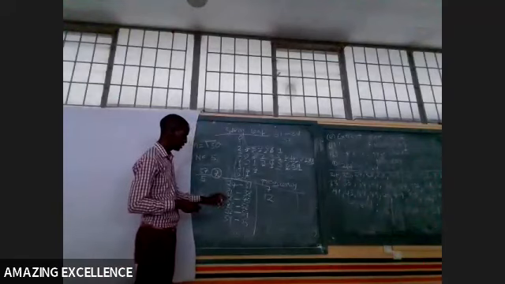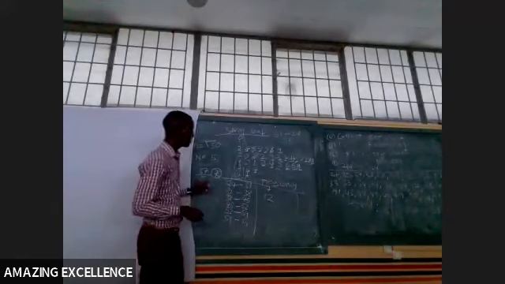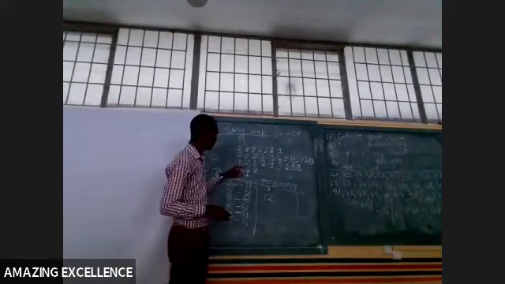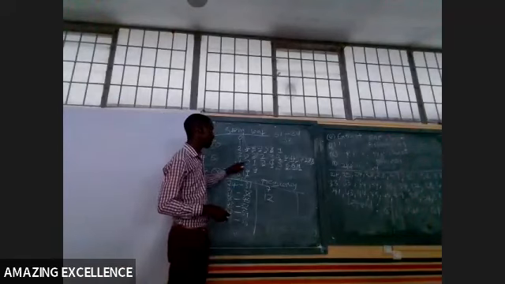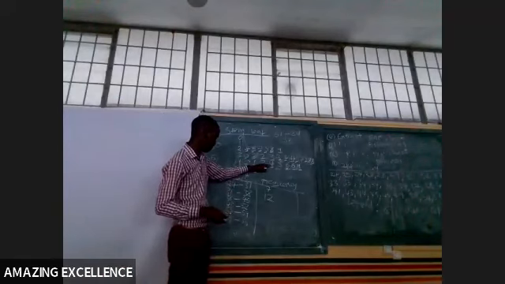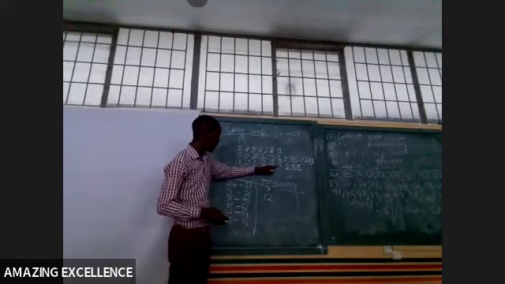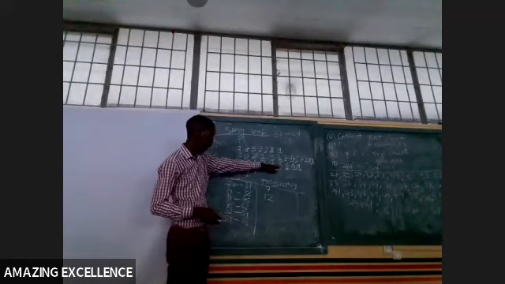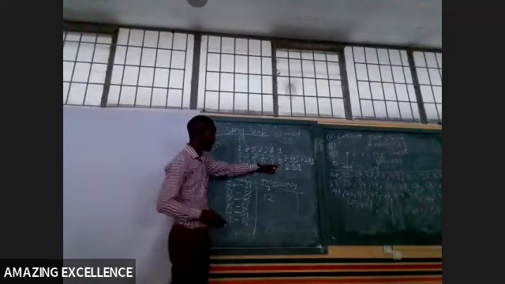Set what? 38 to 45. 1, 2, 3, 4, 5. There are 5, right?